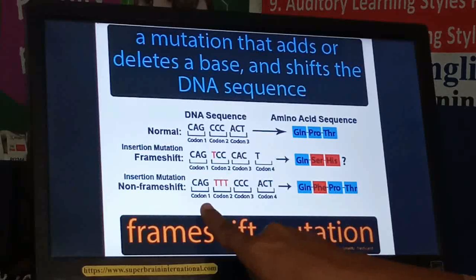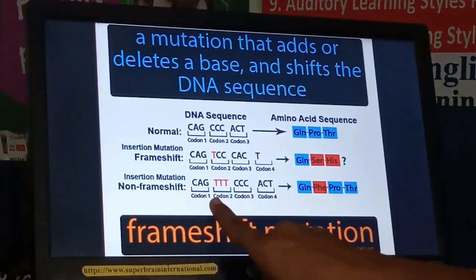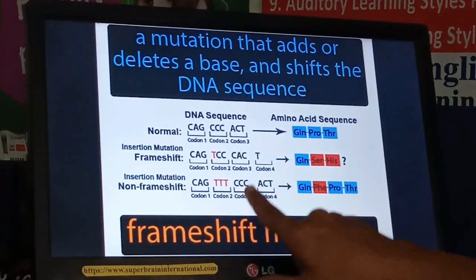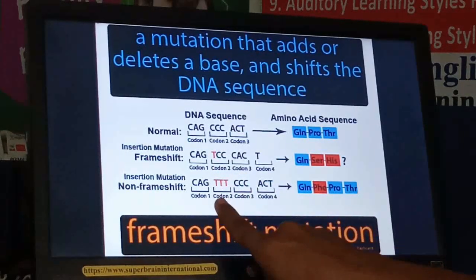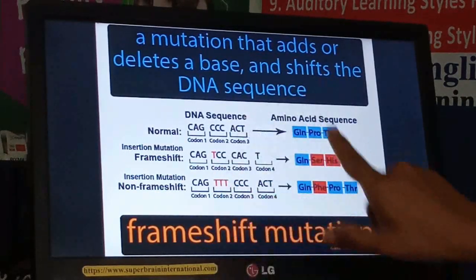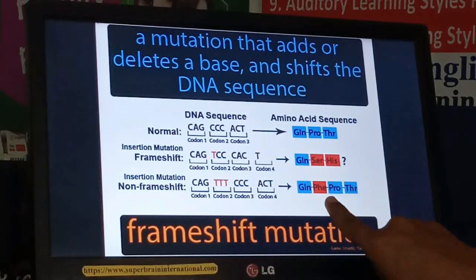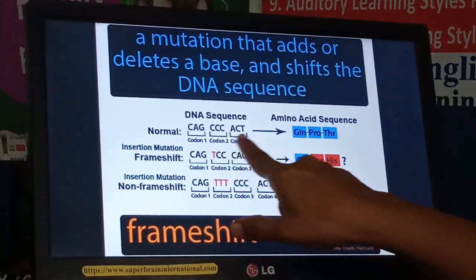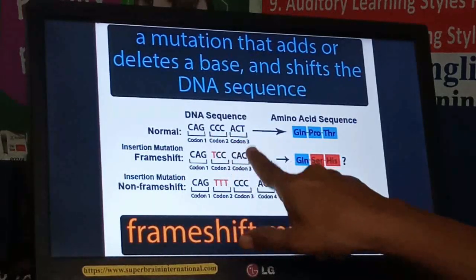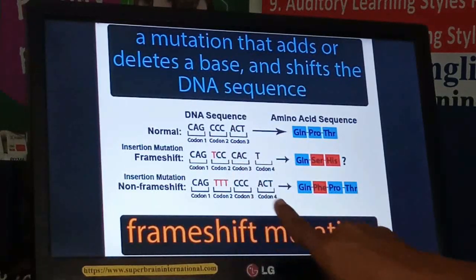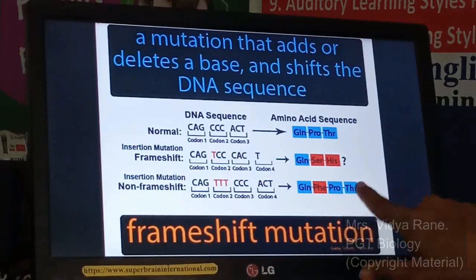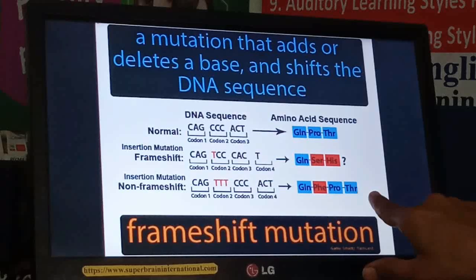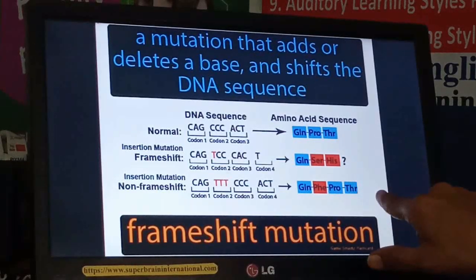See here, codon 1 codes for glycine, then a triplet is added, so that triplet will code for one particular amino acid, and that amino acid will be added. The rest, the second and third codons, become third and fourth, and their amino acids will be as they are ahead. So here no change takes place in the amino acids; it will be readable.